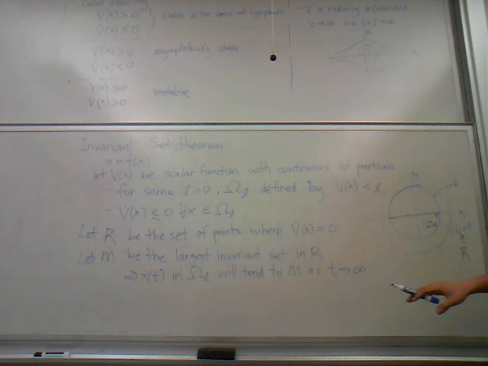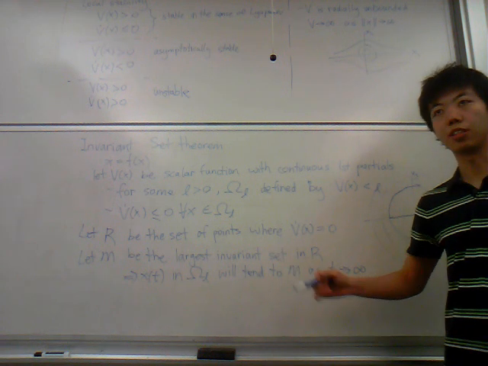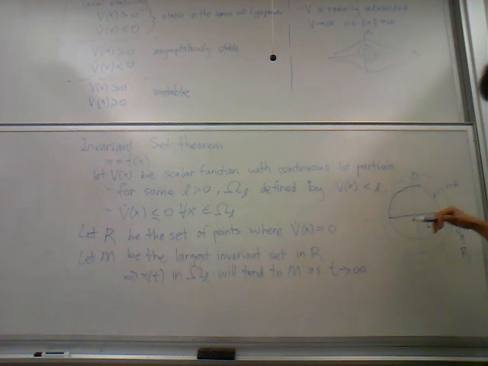An invariant set is basically a set such that if your trajectory goes into the set, it never leaves the set. So if we have a system with x1 and x2, all the trajectories in the system will do something, let's say they're doing something like this.